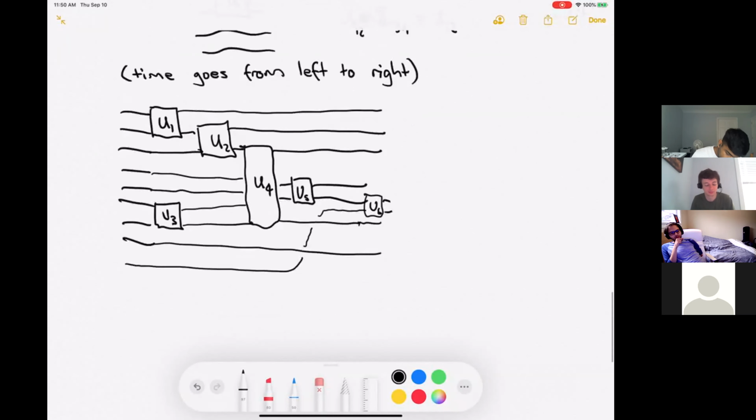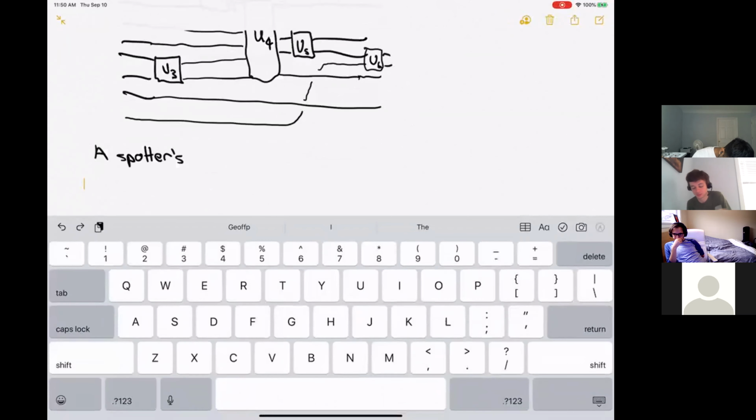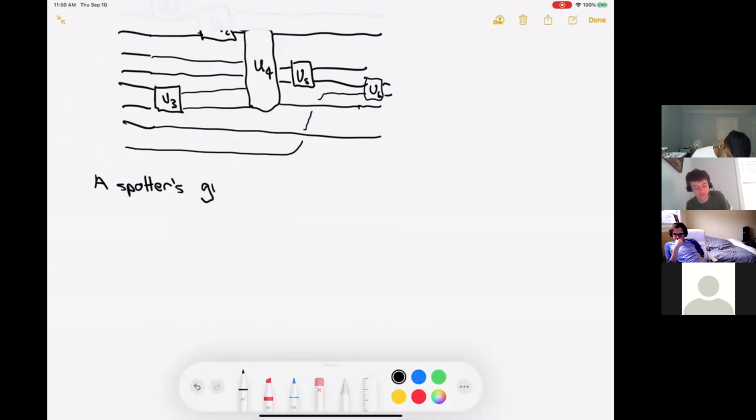Okay. Great. So that is an introduction to some notation. For the rest of this lecture, we're just going to do what I call a spotter's guide to important unitary gates.